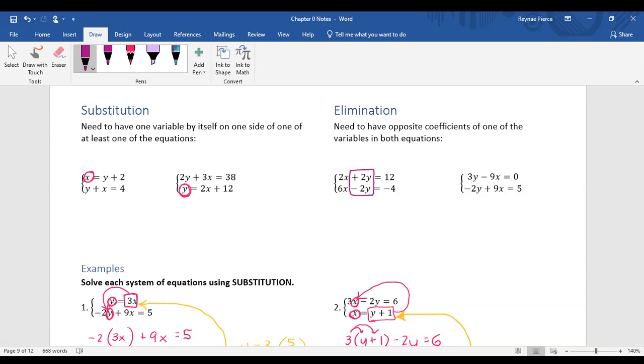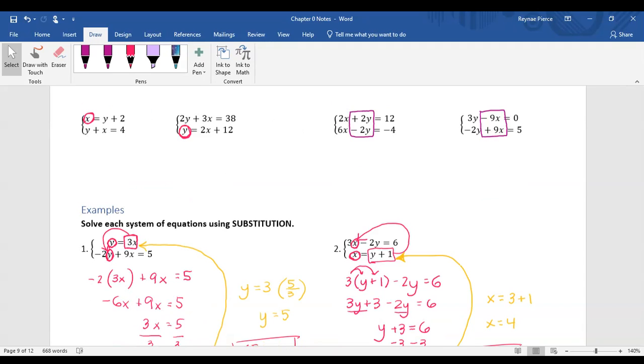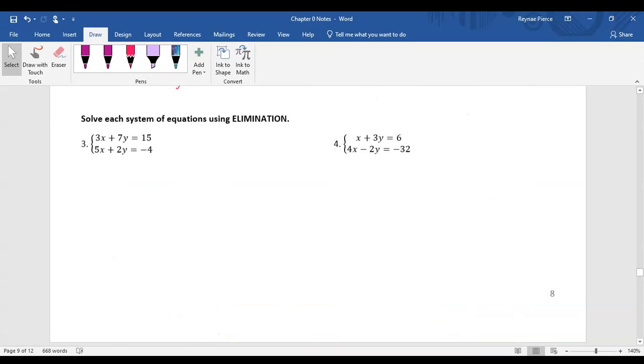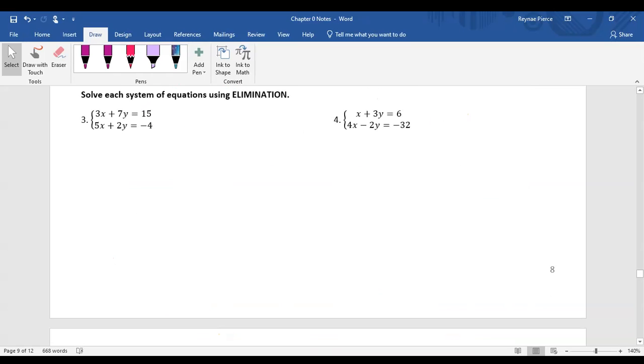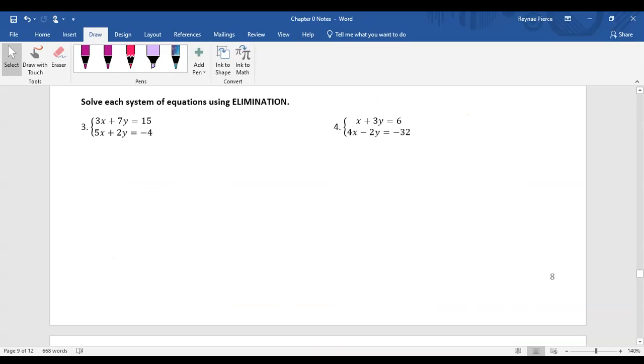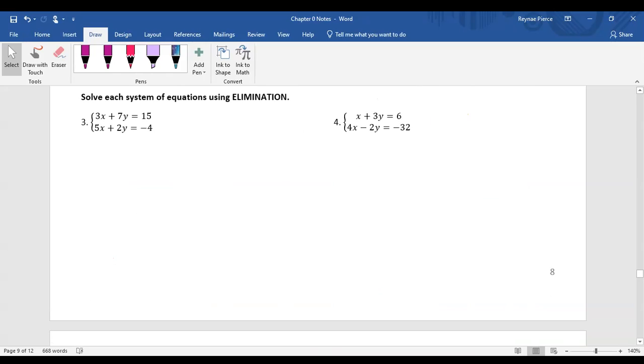All right. That's a good candidate for solving using elimination. Same thing over here. I've got a negative 9x and a positive 9x. Okay. So now we're going to look down here and solve using elimination.